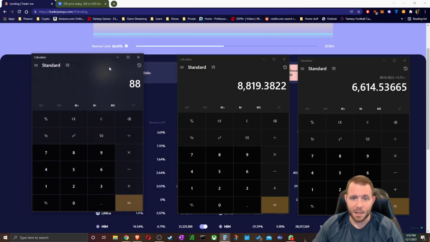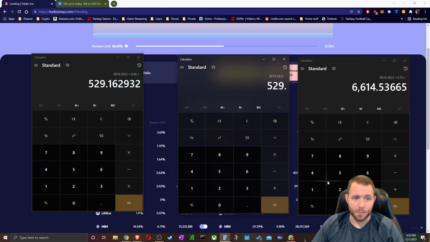Simple math. 8,819.38. Let's say it goes down 6%. So let's say we lose $529.16. So now our collateral, our supplied amount value, is this amount.